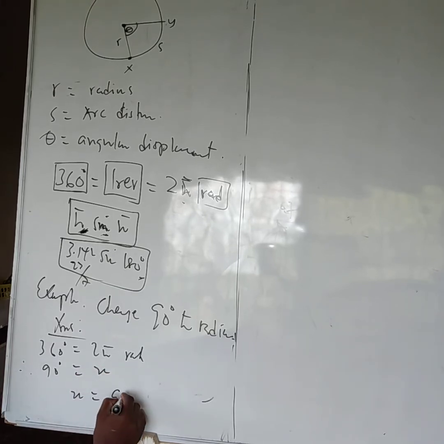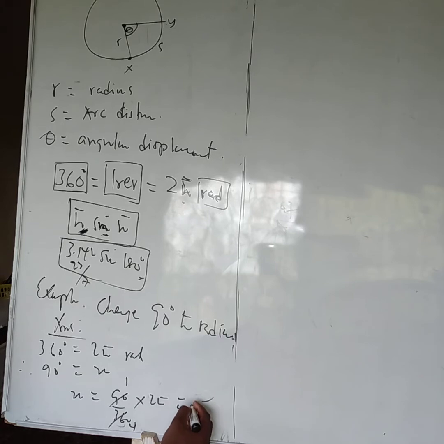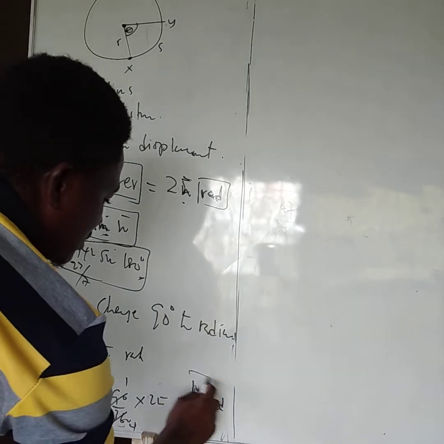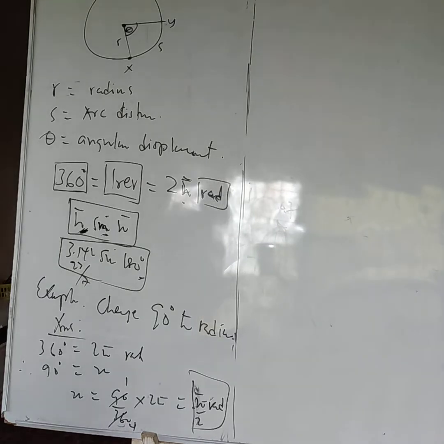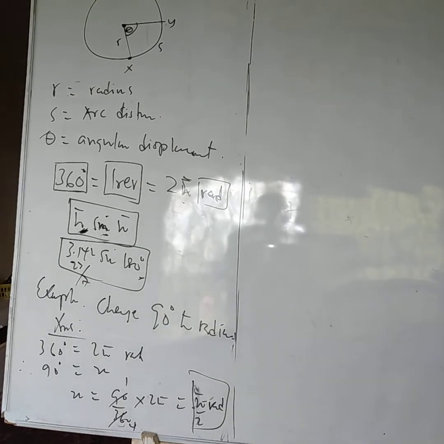So if less, multiply 90 over 360 times 2 pi. This 1, this 4. So you have 2 over 4, so you have pi over 2 radian. So you are changing using simple ratio and proportion.